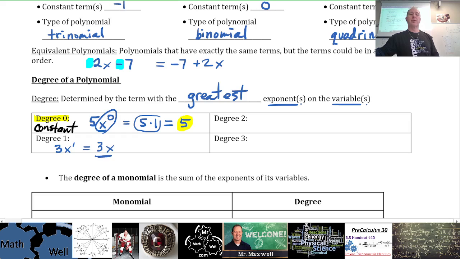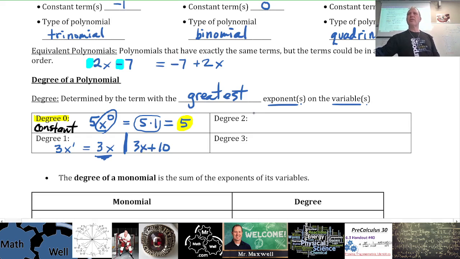This is preferred. Now, you also could have an example where we have 3x plus 10. That's also degree 1, because if you look at the exponents on the variables, there's no variable on the 10, or x to the 0, which is less than 1. So this is degree 1 as well.